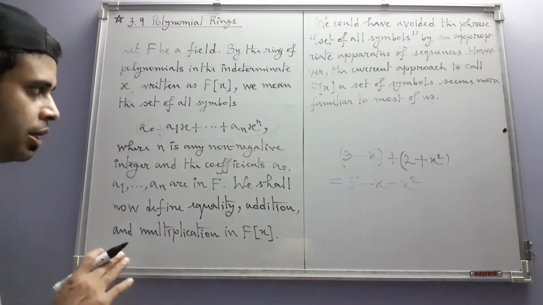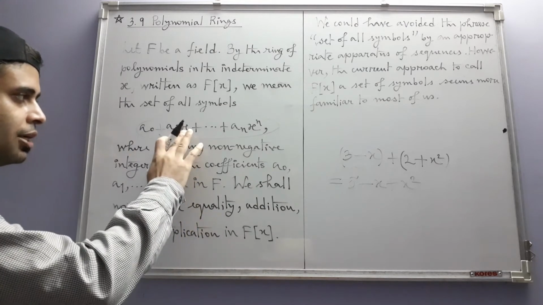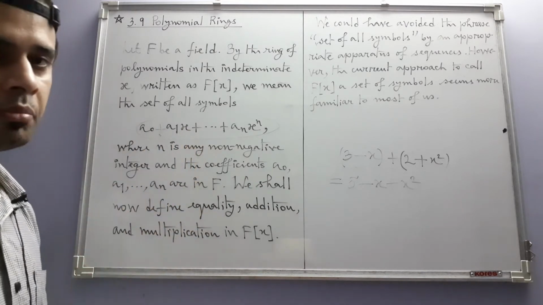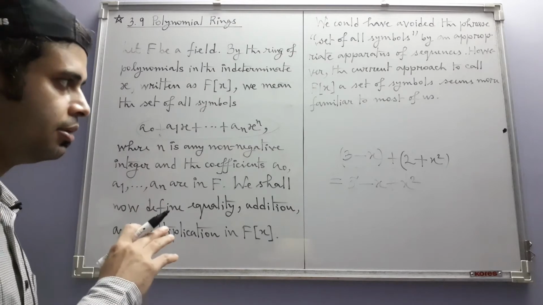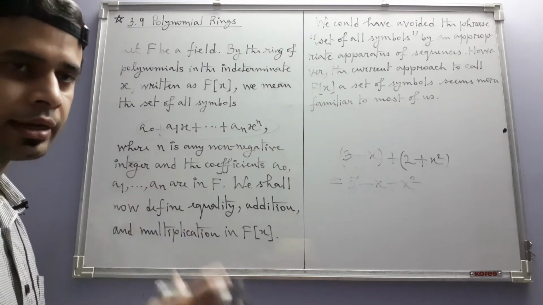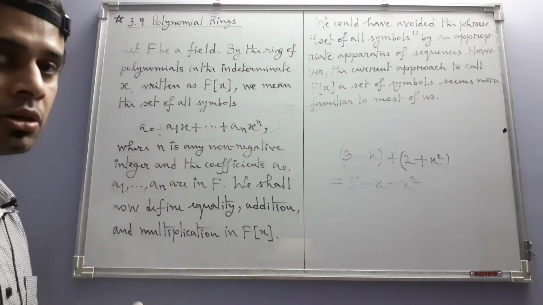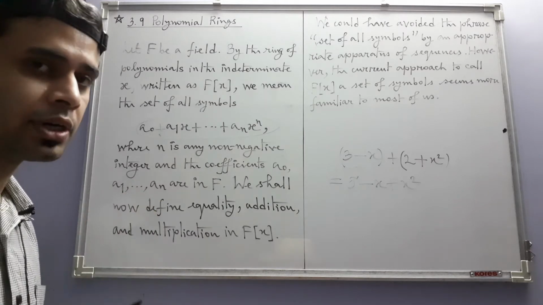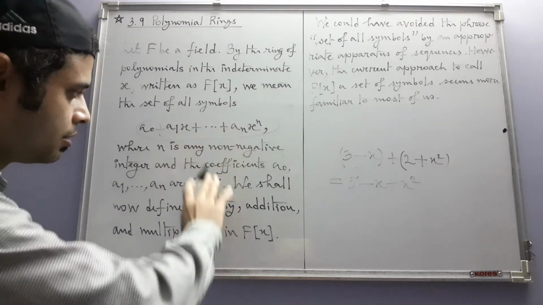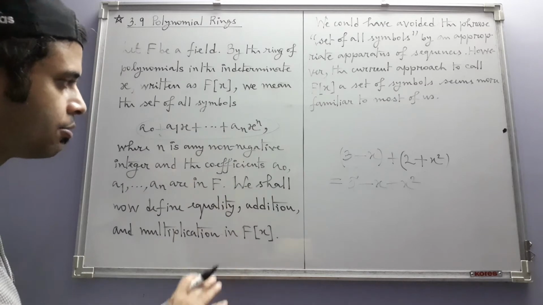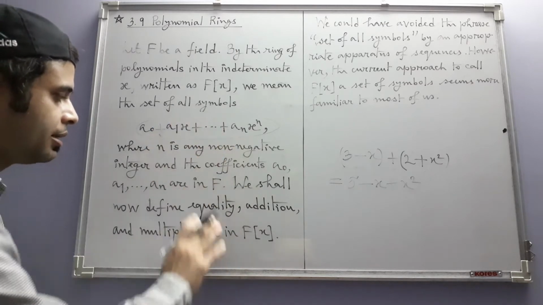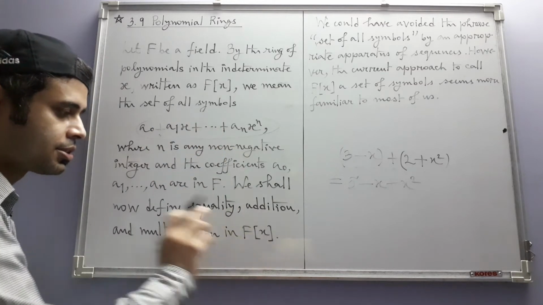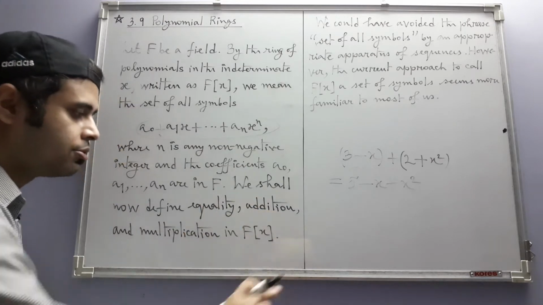Truly, in a polynomial x is not a number. It is related to an expression where x can be thought of as a number, but that will come afterwards, after we define everything in this set and it turns out to be a ring.